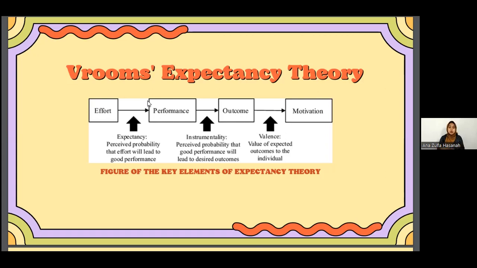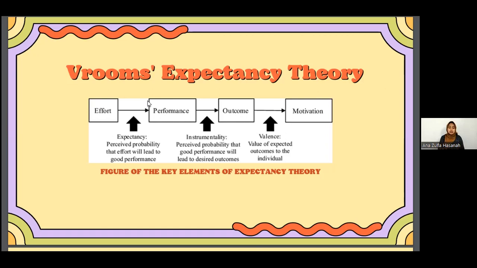And then instrumentality refers to the belief that successful performance will result in a desired outcome, like a reward. If individuals believe that performance will lead to desired outcomes or rewards, they are more likely to be motivated to engage in the behavior.